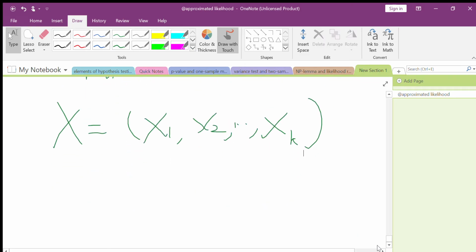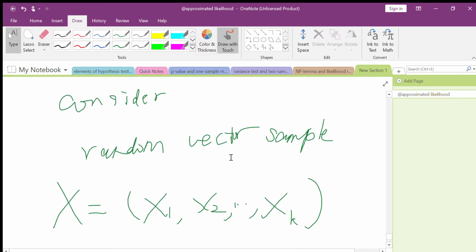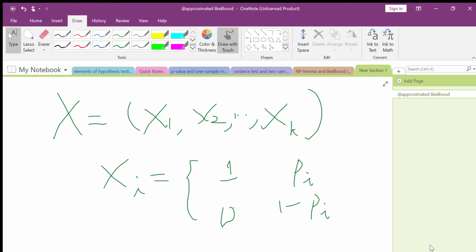For each capital Xi, it can take value 1 with probability Pi and 0 with probability 1 minus Pi. So this is the data generating process assumption.